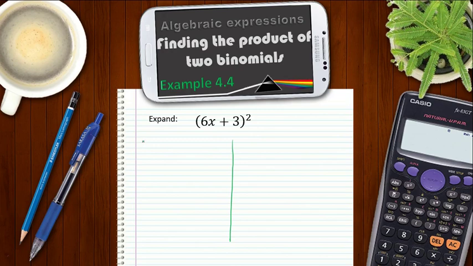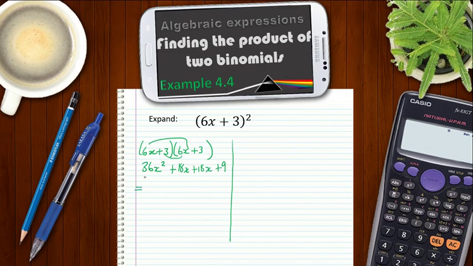The first method, expanding 6x plus 3, I write it out twice, 6x plus 3, and then multiplying the first term out, so we have 36x squared, and then plus 6 times 3 is 18, plus 18x, and then here 6 times 3 is 18, so plus 18x, and then 3 times 3 is 9, so that's plus 9.